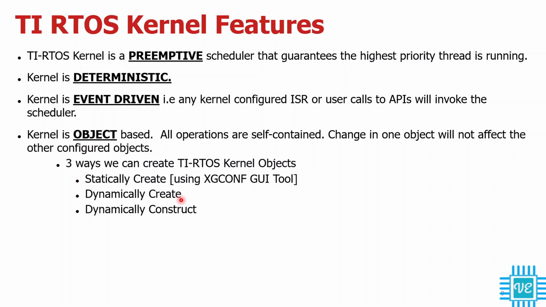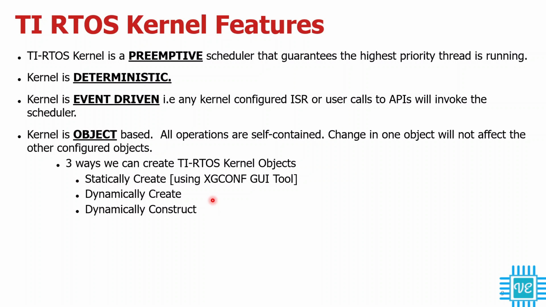The second one is dynamically create. Dynamic creation means we use the TI-RTOS APIs to create the objects and also to create the necessary parameters required for a particular task or semaphore. And there is one more mechanism called dynamically construct. This method also uses the TI-RTOS APIs, but there is a small difference between dynamic create and dynamic construct. I am going to explain these differences in later tutorials.